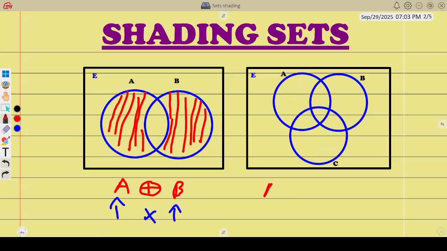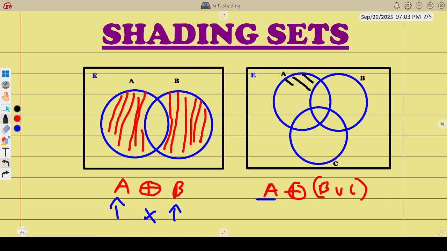You can be asked to shade A plus B union C. So here it simply means you are going to shade everything in A and everything in B union C, but do not shade the intersection. So which one is the intersection? A is right here.